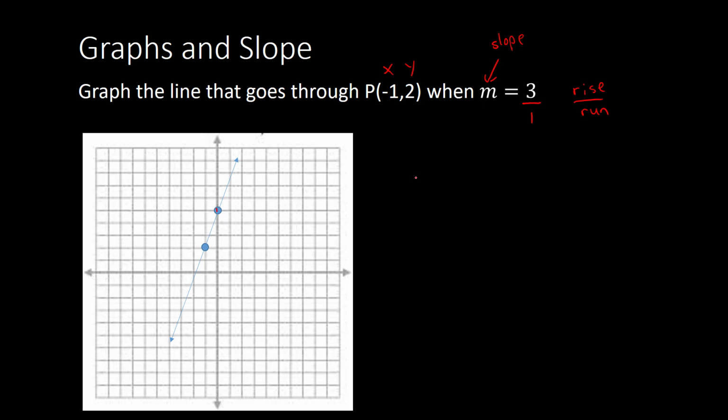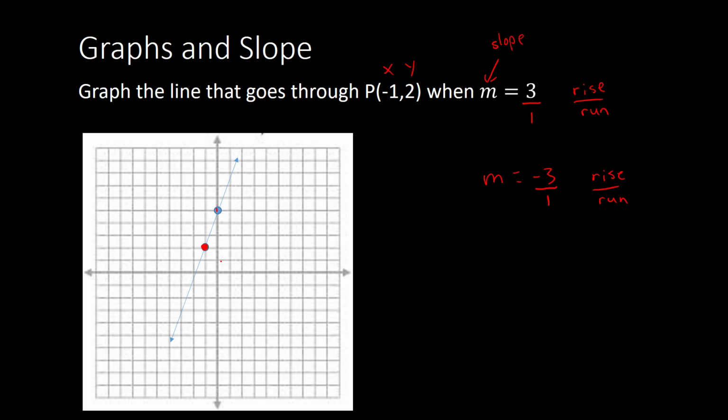By the way, another question that could be asked is if the slope is a negative 3. So what if the slope is a negative 3 going through that same point? So going through here, this point here, a slope of negative 3. Well, once again, rise over run is our slope. And we can write this as a fraction, negative 3 over 1. So if it's a negative 3, the rise would be down 3.